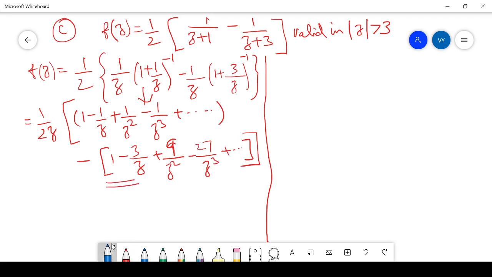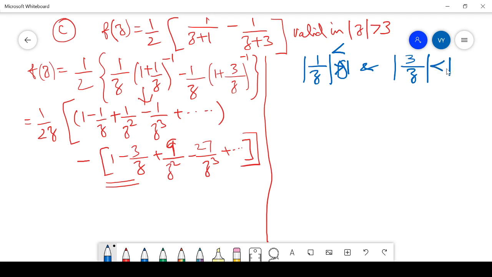Now what I have to do is I have to test the validity. The first series is valid when modulus of z is greater than 1.